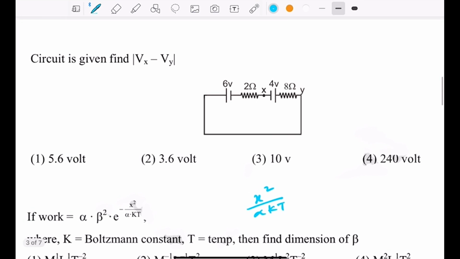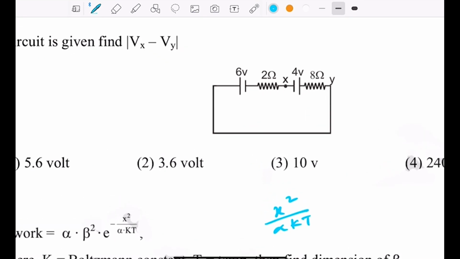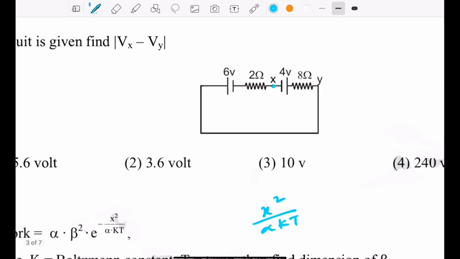Now we want to calculate Vx minus Vy. First I have to calculate current. So if I apply the loop law, start from here. Plus 6 minus 4, 2 divided by 10. So current is 0.2. Now current is going in this direction. So now I want Vx minus Vy. Start from here. Current is in this direction.